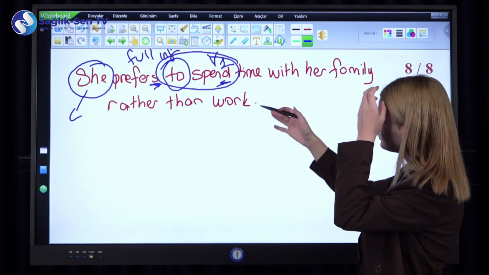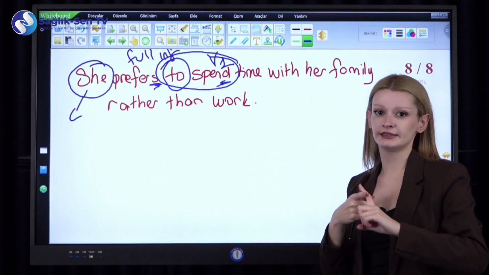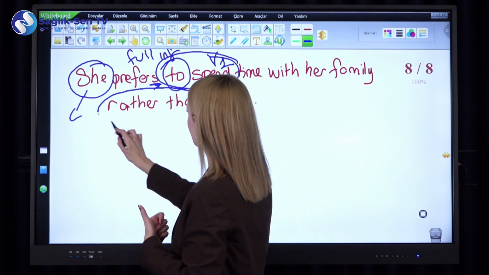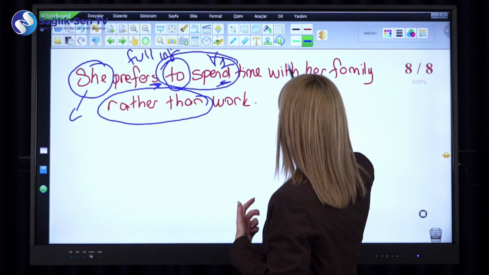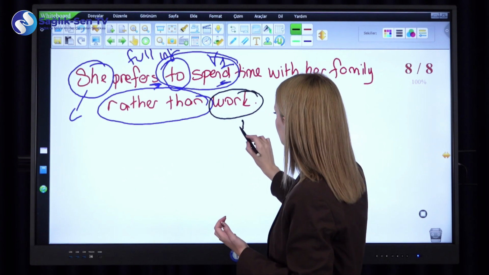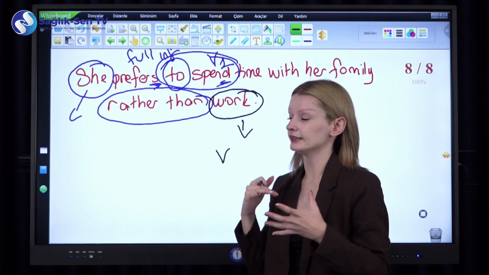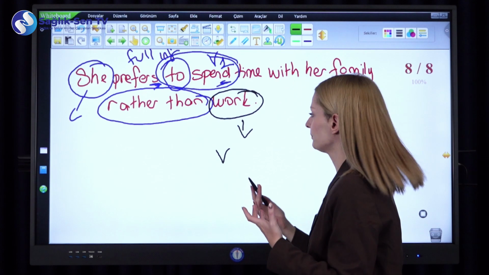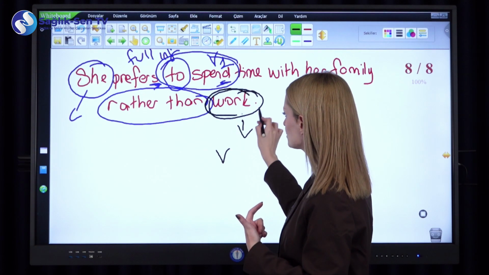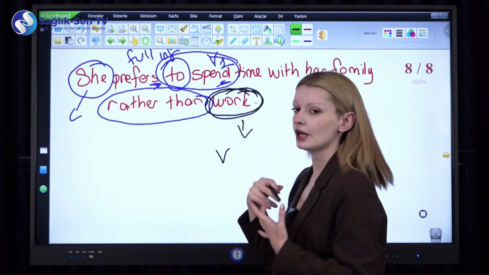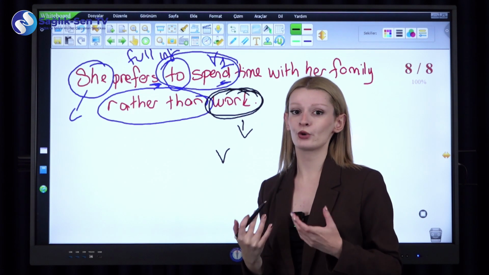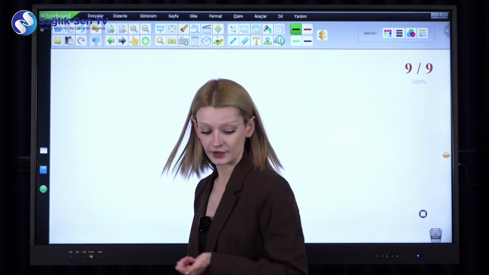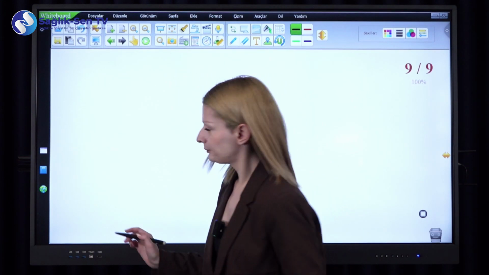Then spending time with her family is the first choice, the choice that she actually made. And then we use rather than. This time our verb is different, and in this example we are choosing between verbs. That's why you can see the actual verb here, because we're not making a choice between objects, but between verbs.